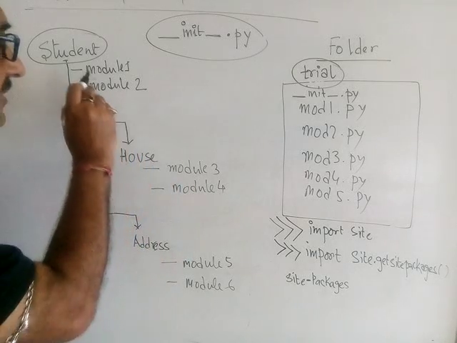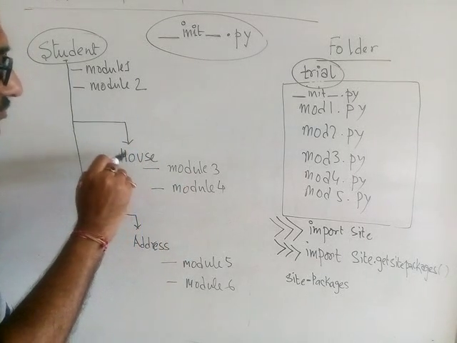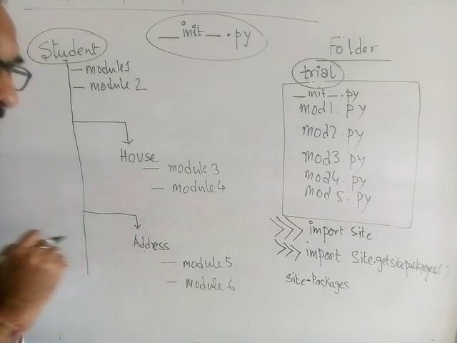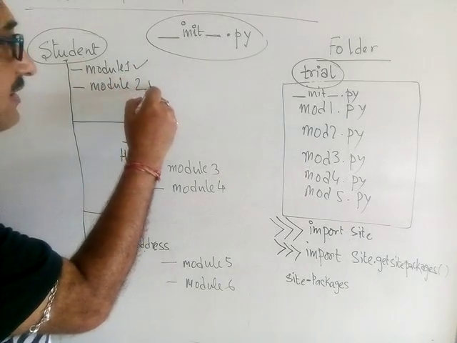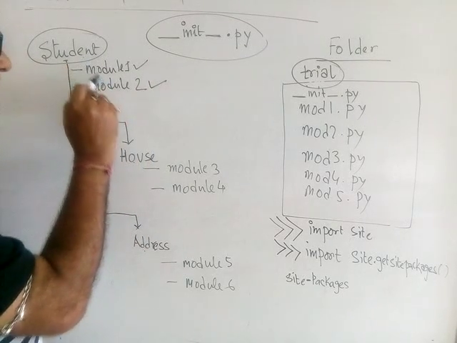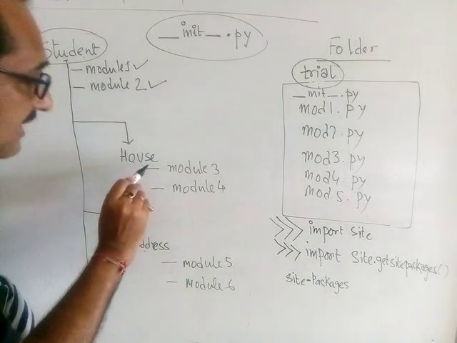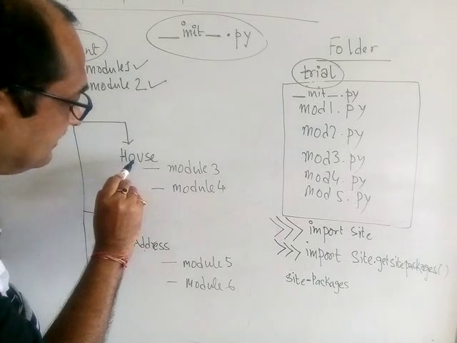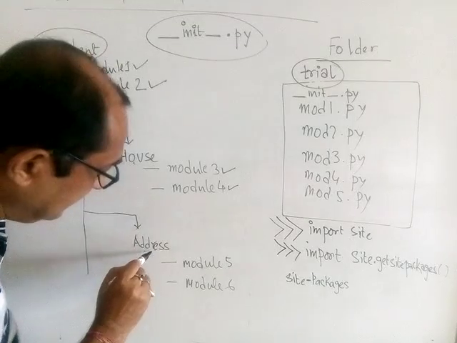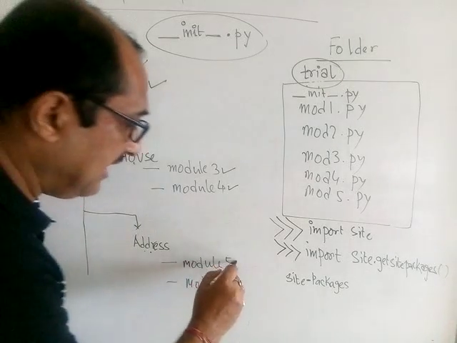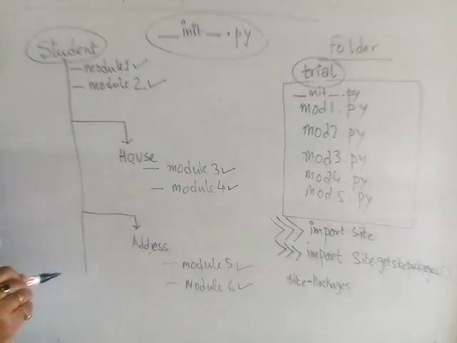Under this main folder student, I wanted to have two more folders: one is house, another is address. Under student I wanted to add module 1 and module 2, under the subfolder house I wanted module 3 and module 4, and under the subdirectory address I wanted module 5 and module 6.